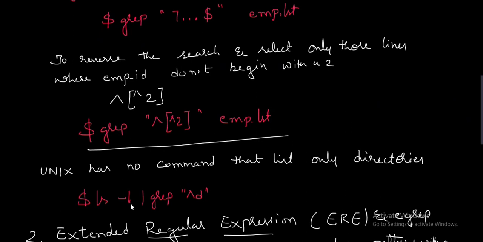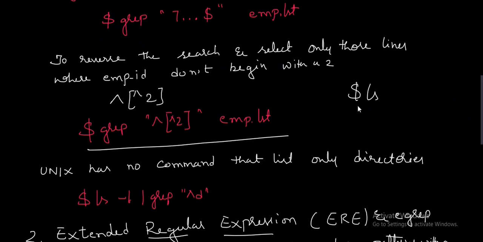And also, we have discussed the ls command many times. What is the ls command? Listing files. Okay, listing files and file attributes. So what are the different types of files we have observed when it is listed? Ordinary files, directory files.